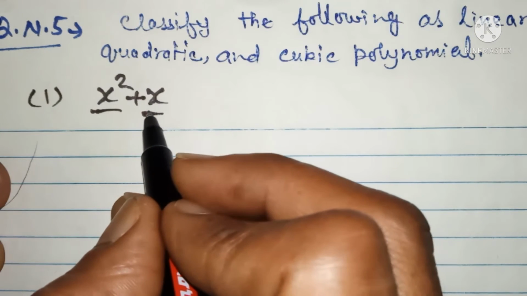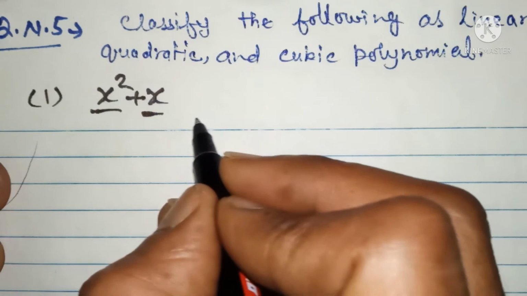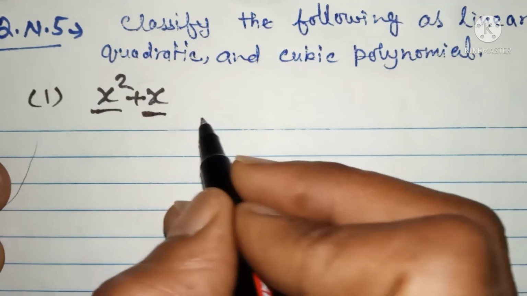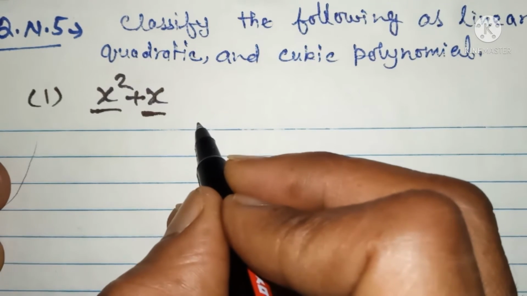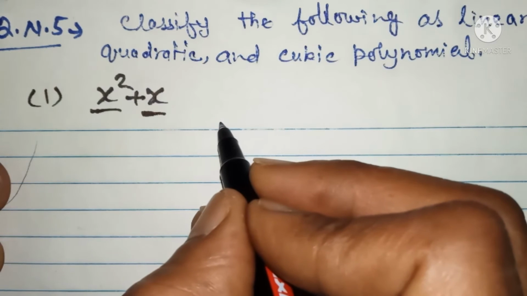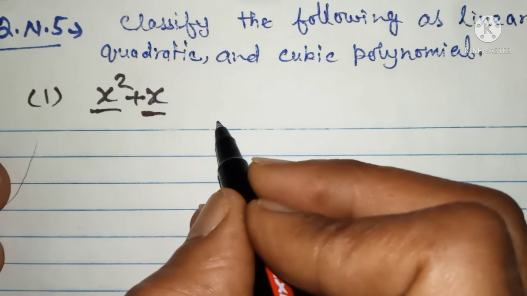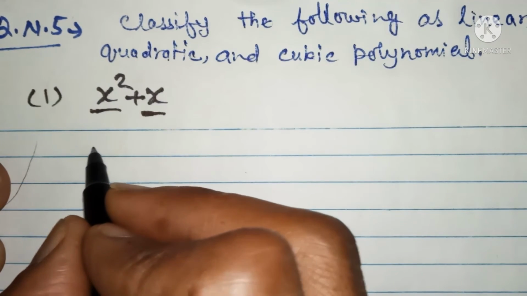The variable x has its maximum power as 2. So we call it a quadratic polynomial. In which polynomial the variable has its maximum power as 2, it is called quadratic polynomial.